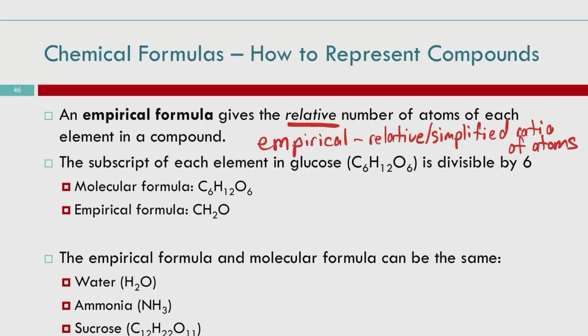And empirical, another way that you can think of that is just experimental. So if you were to take this compound and hit it with a little hammer and break it into all of its component elements, you wouldn't know how many went into each unit. So you wouldn't know that there were 6 carbons, 12 hydrogens, 6 oxygens in each individual unit because you've broken it up into tiny little pieces.